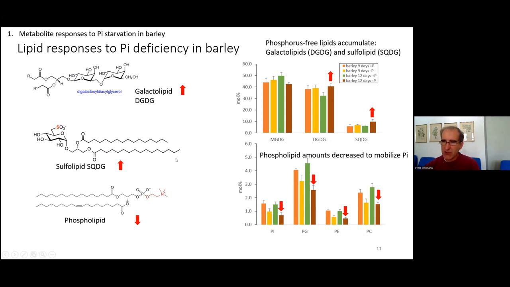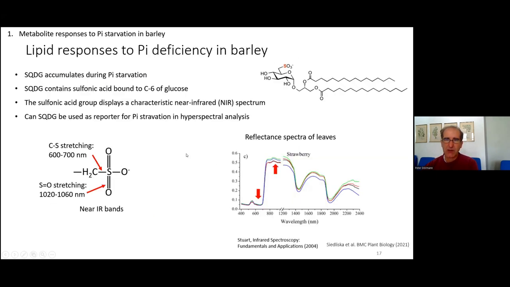I find the sulfolipid result quite interesting. Sulfolipid is one of the few compounds in the leaf that contains the sulfonic acid head group, and it has been shown that this has active vibrations in the near-infrared area. Here, C-S and C-S-O bonds show specific bands in the near-infrared spectrum.